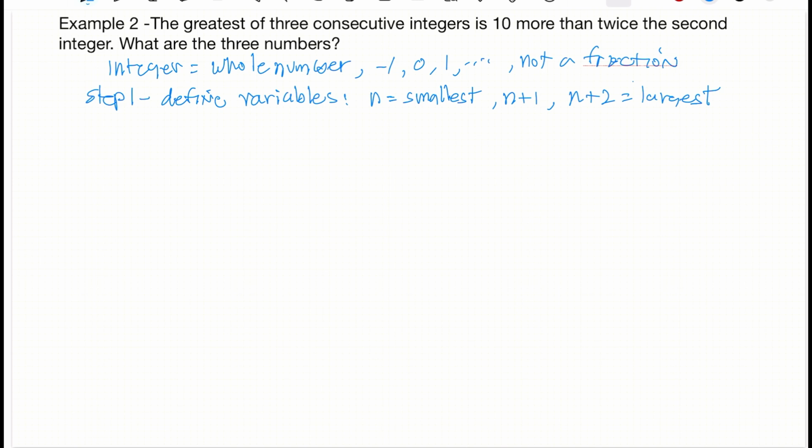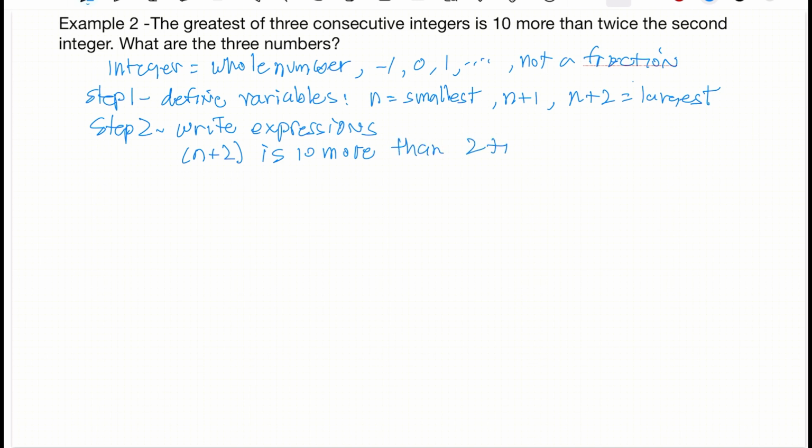Now deriving an equation from this gets a little more problematic. Once we've defined our variables, step 2 is we want to write our expressions. And that's converting words into algebraic statements. So what this tells us is n plus 2 is 10 more than 2 times n plus 1.